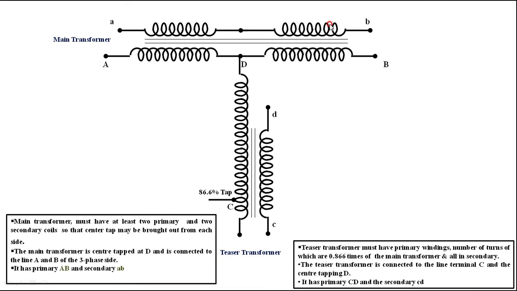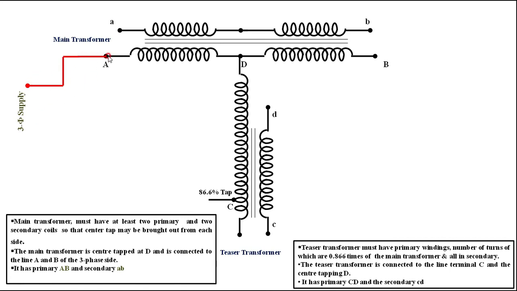Small ab is the secondary of the main transformer, and small cd is the secondary of the teaser transformer. Now we have three input points, A, B and C, to which we are giving a three-phase supply. That is the input we are giving, as you can see here.